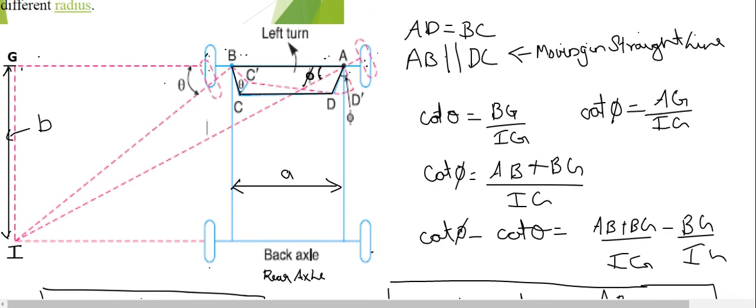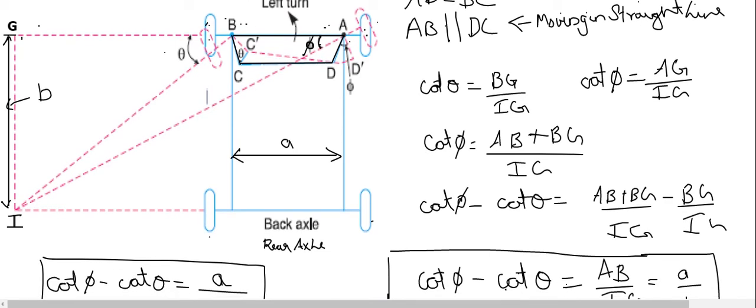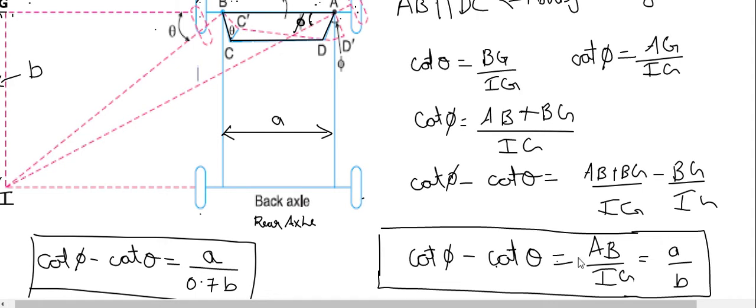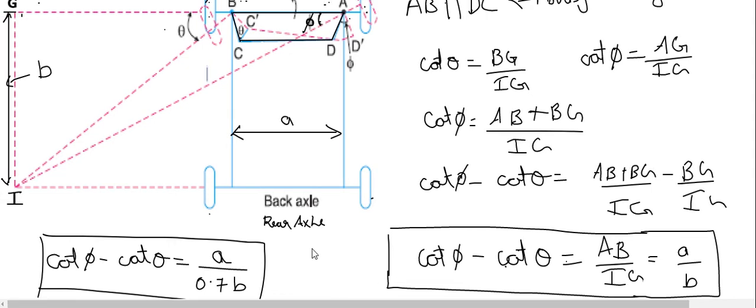So that was the Ackermann steering gear mechanism. And normally, A over B is approximately taken as 0.455. This is also practical engineering knowledge, that A over B is generally taken as 0.455.